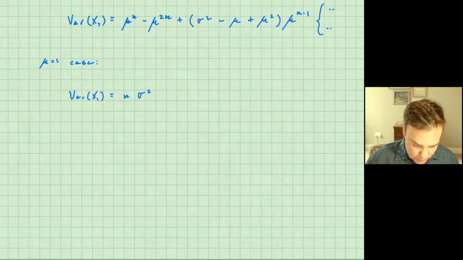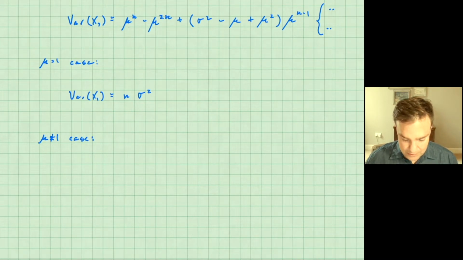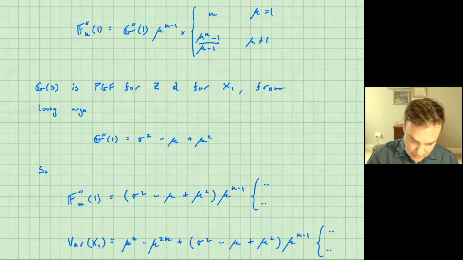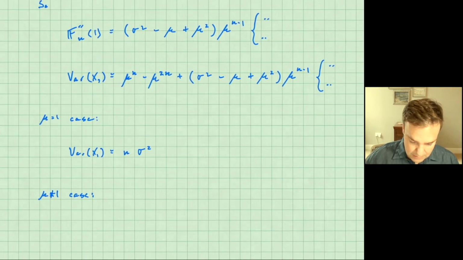And now we'll work on the general case. So if mu is not 1, here the algebra is just a little bit more. Right, we just have to keep track of all that stuff. So I'm just going to rewrite it and put in this quantity here. Right there. Right, so I'm going to steal this guy.